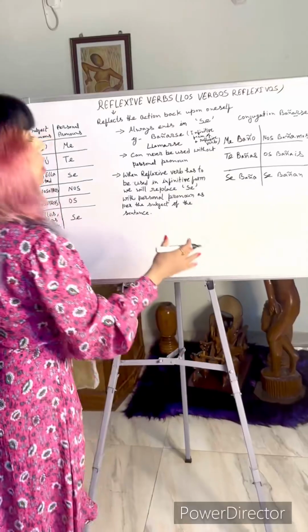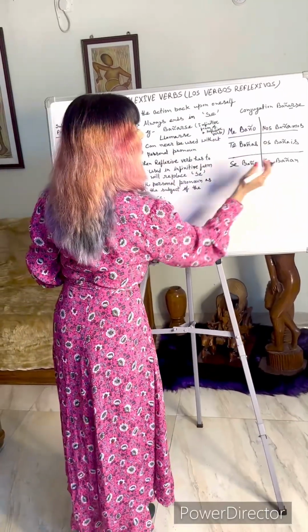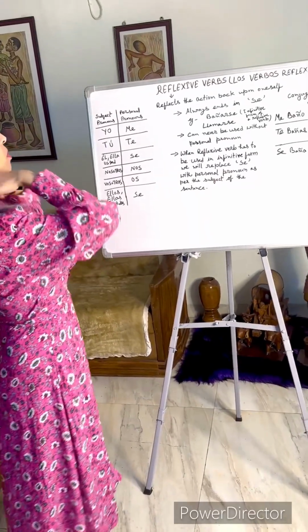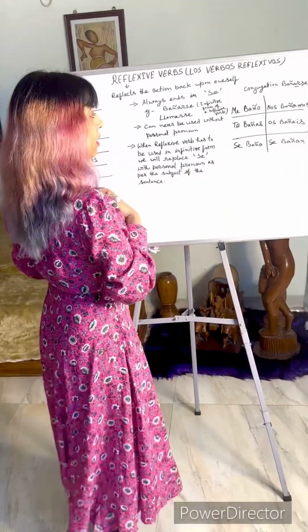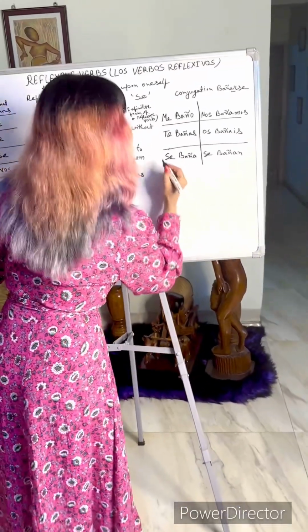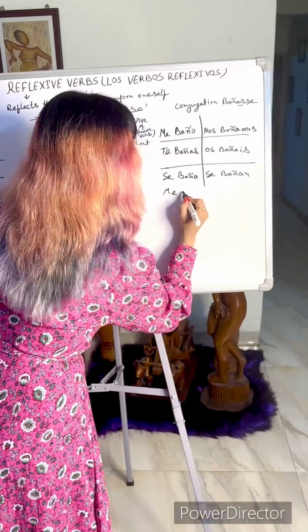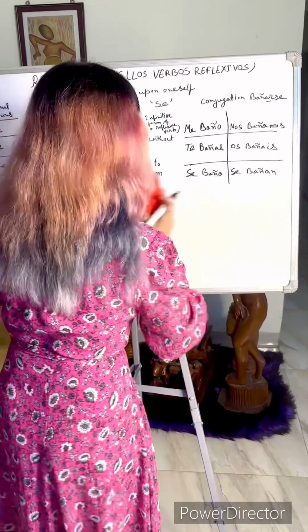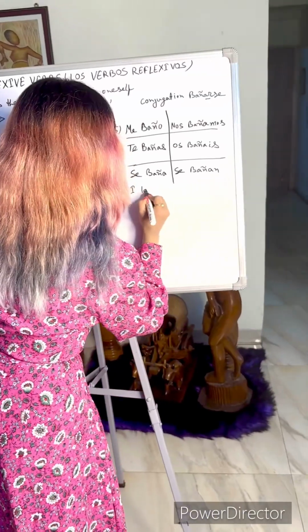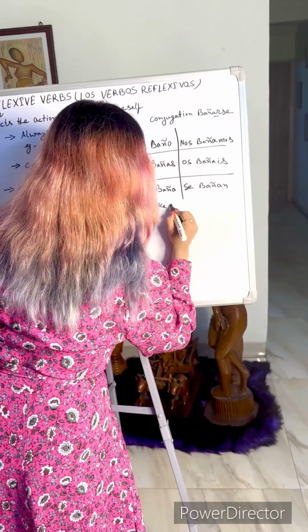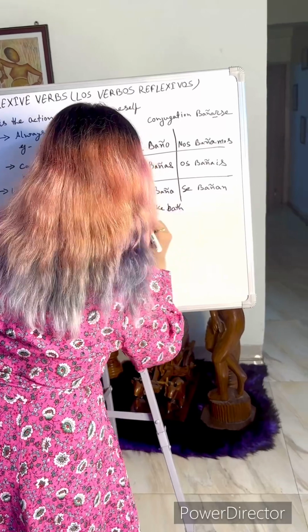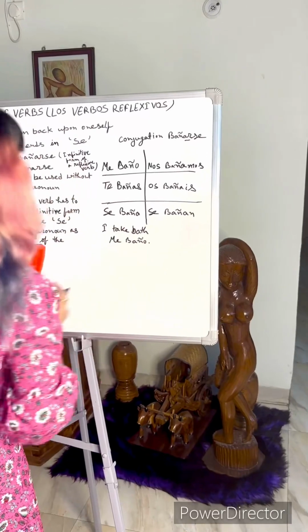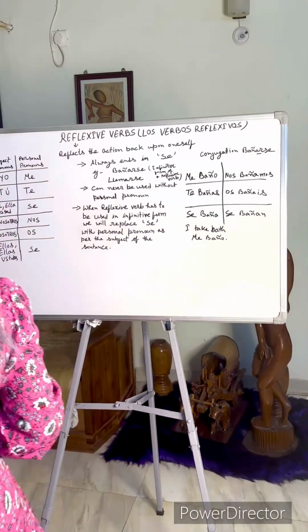And similarly, you are supposed to use me, te, se, nos, os, se before the conjugation of a reflexive verb. For example, if I want to say I take a bath, it would be me baño.